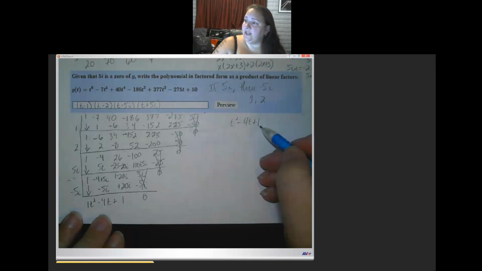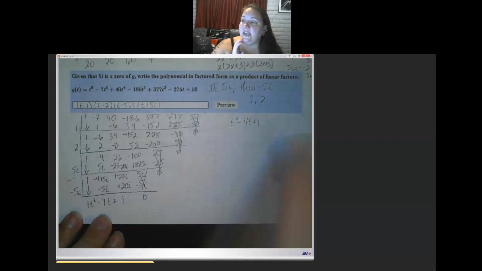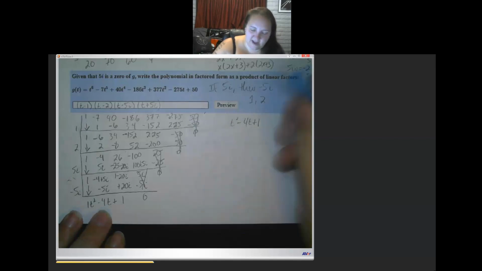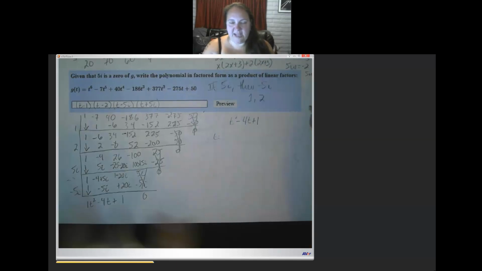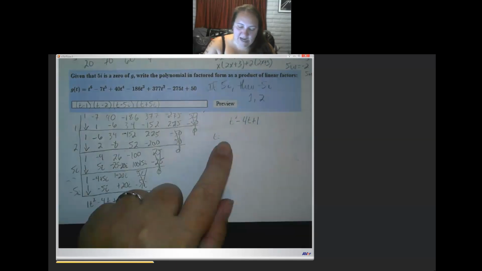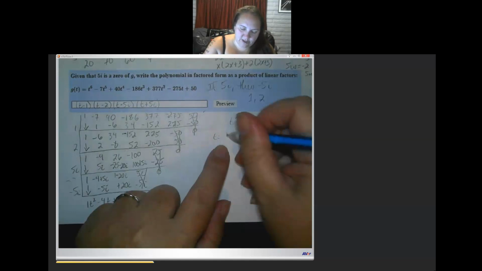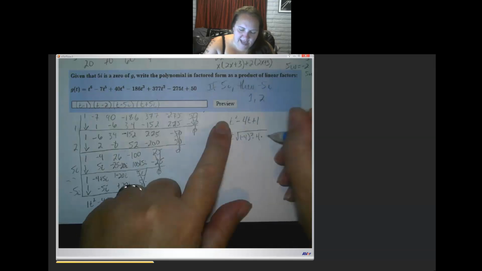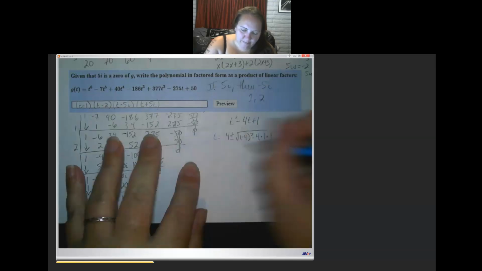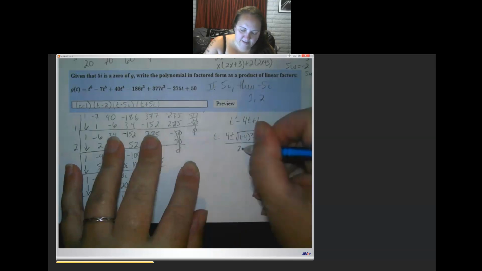So this one doesn't factor, so we need to use the quadratic formula. Completing the square would work nicely on that one, but I don't know how many of us remember completing the square. So t equals a negative b, so a negative negative 4, plus or minus the square root of b squared minus 4 times a times c over 2 times a.